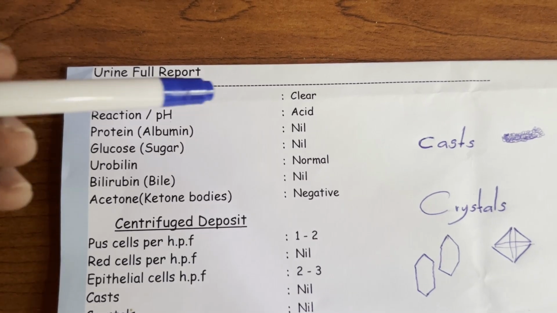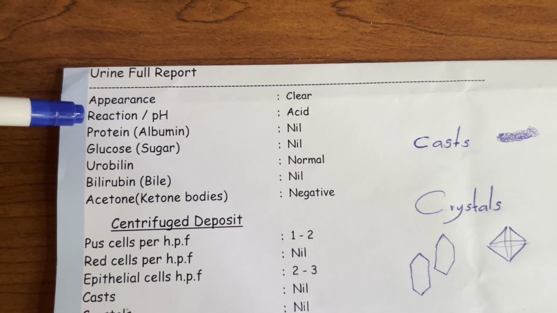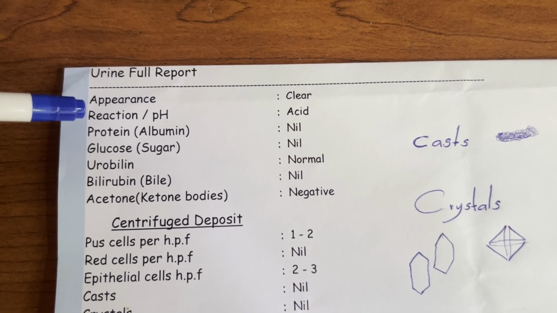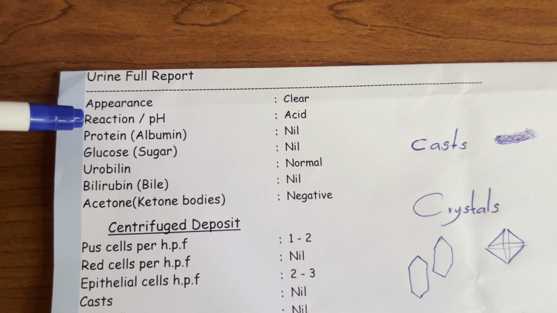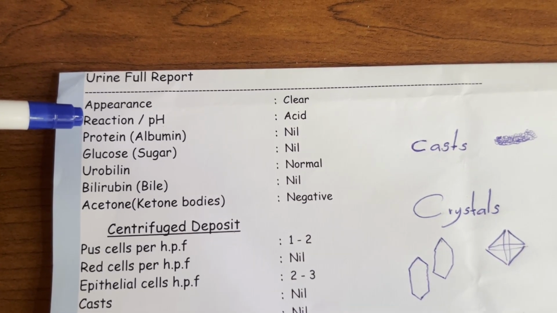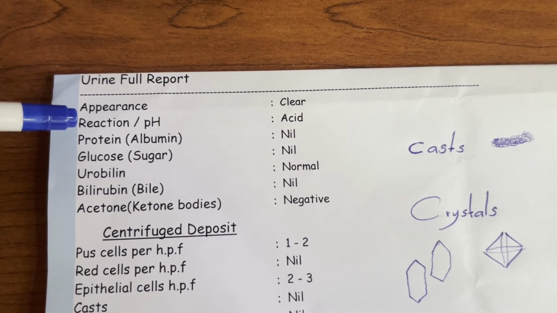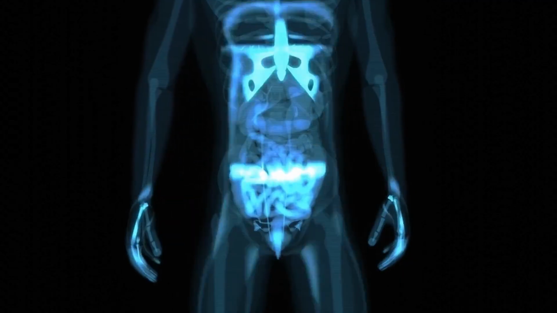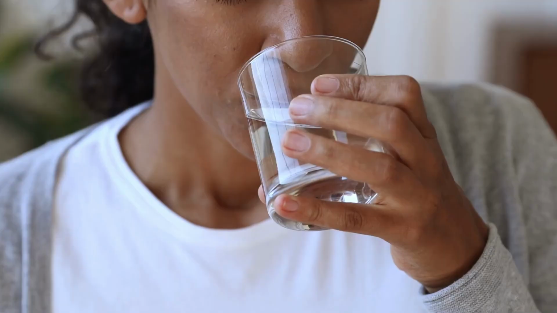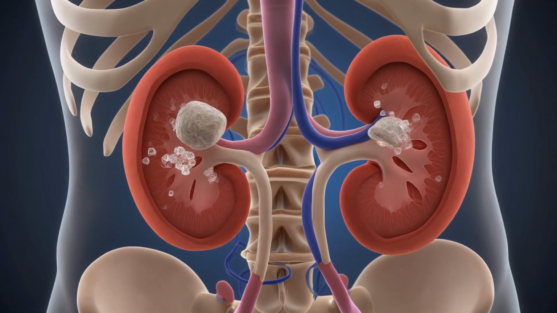Next is the urinary pH, marked here as acid. The physiological pH range of urine typically spans from 4.5 to 8.0, with a normal average around 5.5 to 6.5. Acidic urine, less than 5.5, is seen with high-protein diets, metabolic acidosis, uncontrolled diabetes, severe dehydration, or uric acid stone formation.